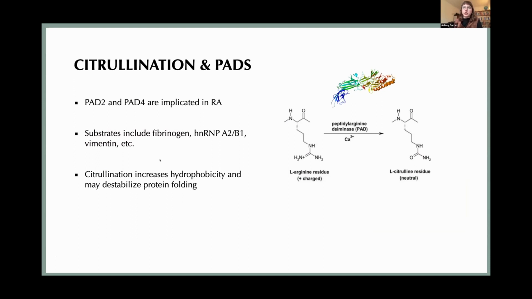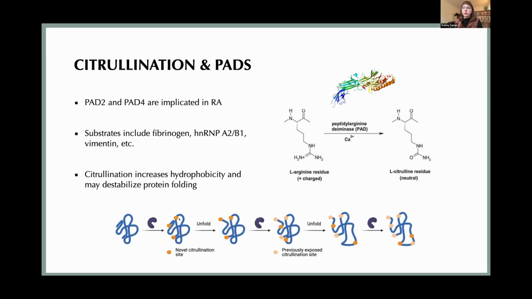And as citrullination increases hydrophobicity through the change from a positive to a neutral charge, we and others have hypothesized that this may destabilize protein folding through sequential citrullination of exposed arginine residues, destabilization of protein interactions, and then following citrullination of previously unexposed, newly exposed arginine residues.